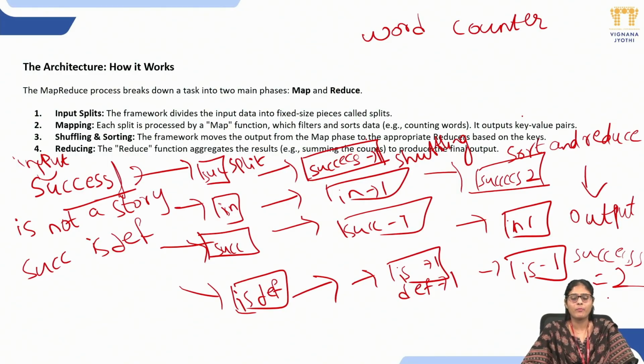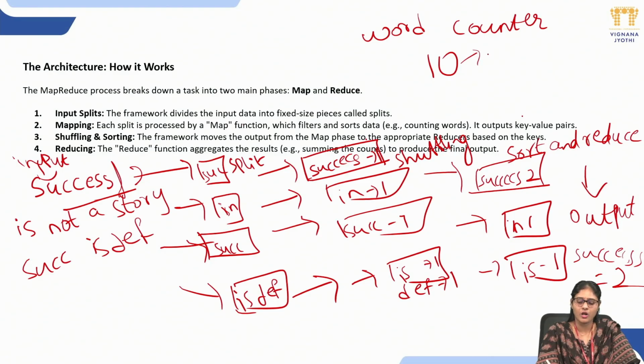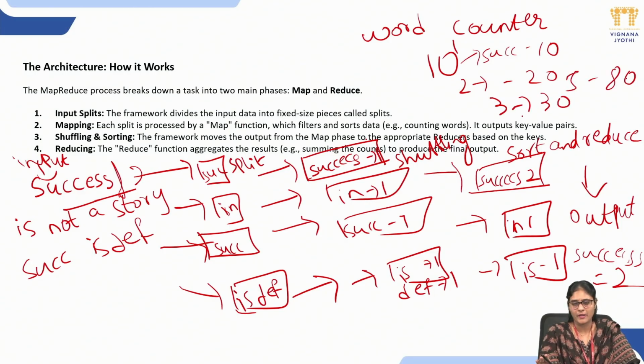So why is this important? As we discussed, 10 people are working on tasks. The first person got the word success 10 times, the second person 20 times, the third 30 times, and the fifth person 80 times in that particular book.